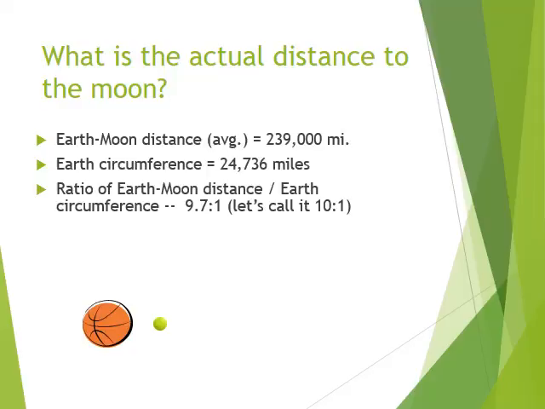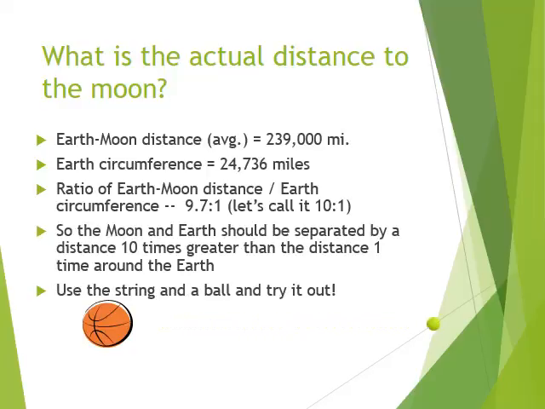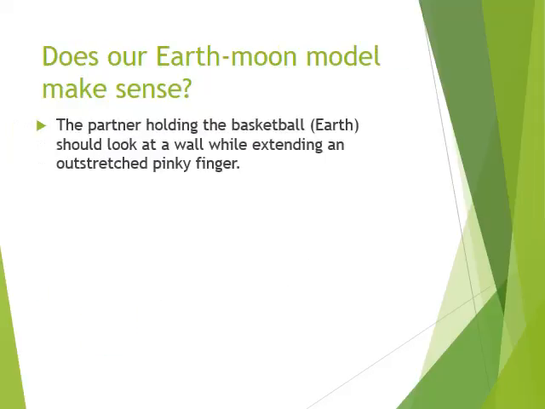So let's wrap our basketball 10 times, then unwrap that string and see how far that takes us. And it turns out that if you actually did this, it would be about 30 feet or so. That's how far apart the Moon tennis ball would have to be from the Earth basketball in order to properly represent the Earth-Moon distance at this scale. And you can figure it out for yourself.